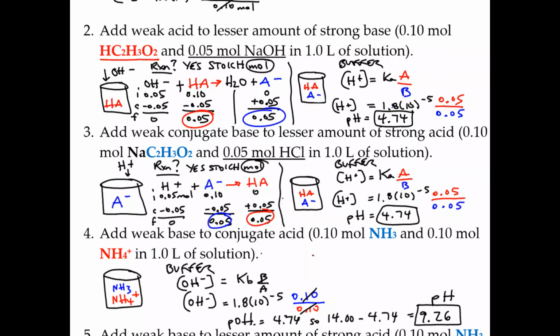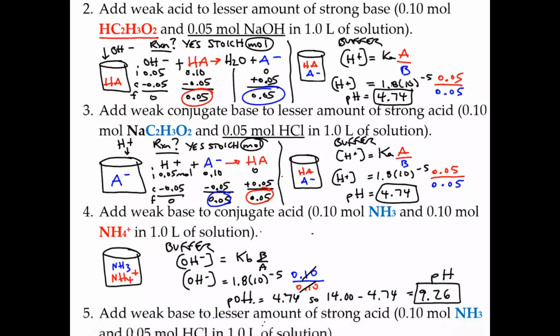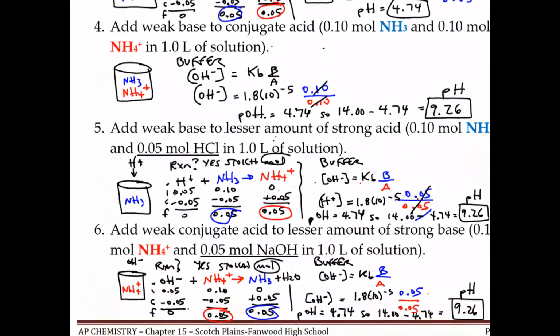Or you could do the opposite. Take a weak base, add a strong acid to it, and then make some of this turn into some of that, and you have a buffer. Or if you have a weak base and a weak acid together, that forms a buffer.